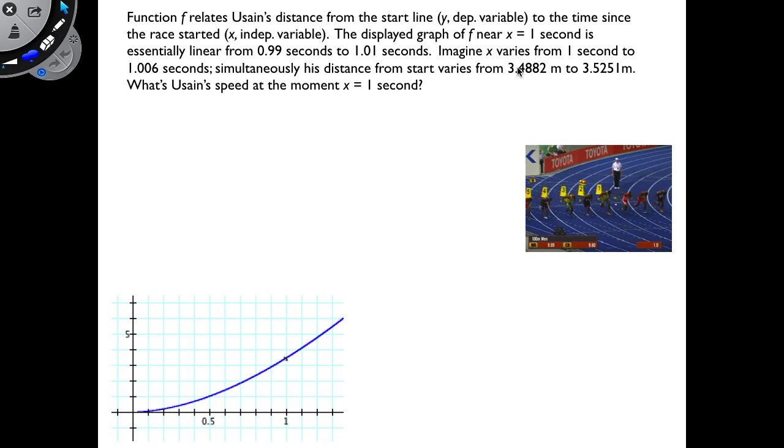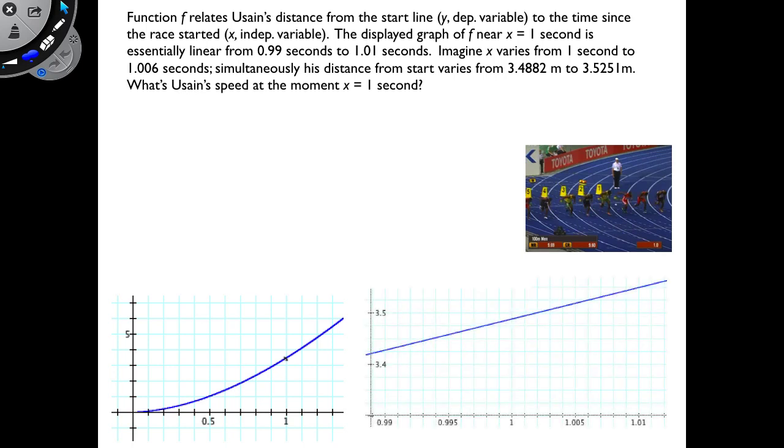In that particular 0.006 seconds, he traveled, maybe subtract these, 0.04-something meters. So we should be able to get a computation for speed. We just need the variation in y divided by the variation in x, dy divided by dx. Over this small interval, we know that he's traveling at about a constant rate.